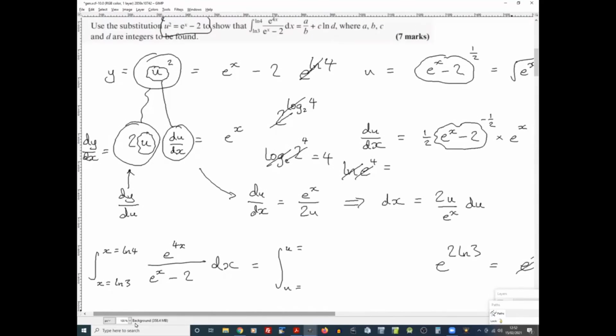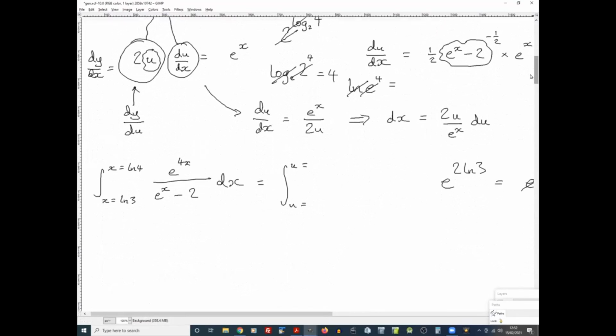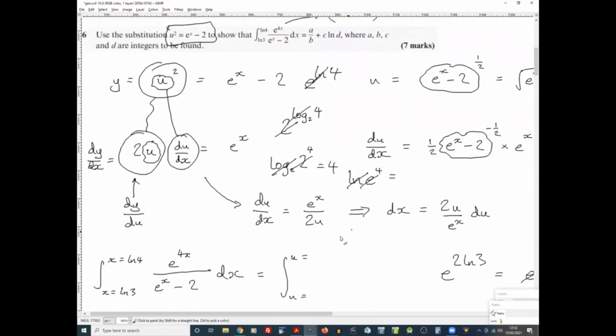Right, where were we? It's all a bit cluttered here, isn't it? So what's u? Oh, that's right. That's where we were. u is the square root of e to the x minus 2, and e to the x when x is log 4.